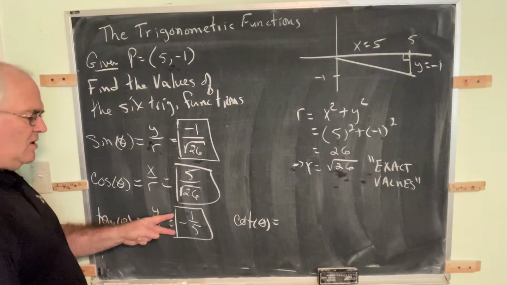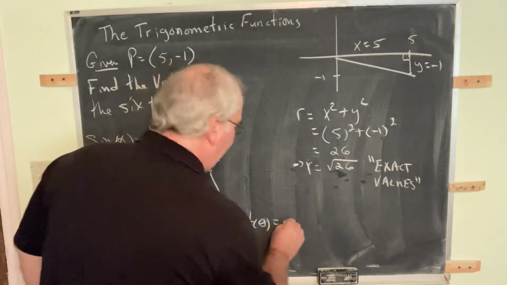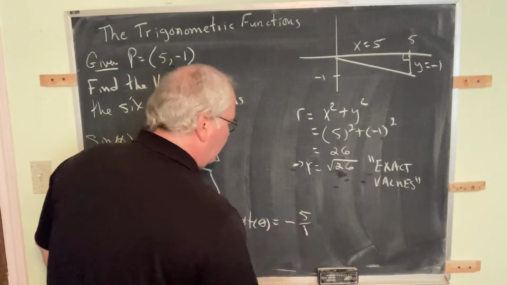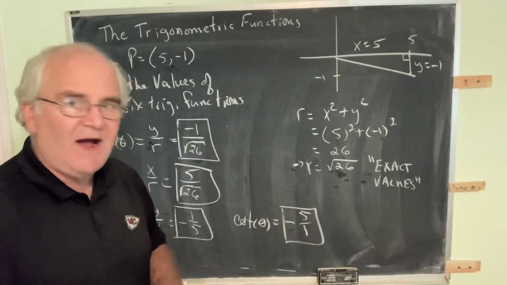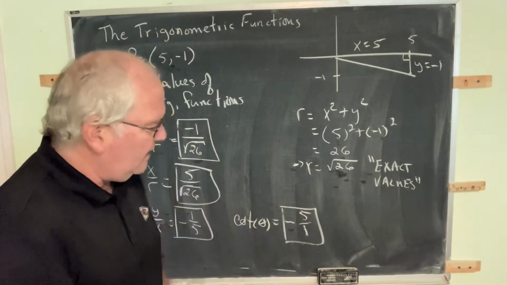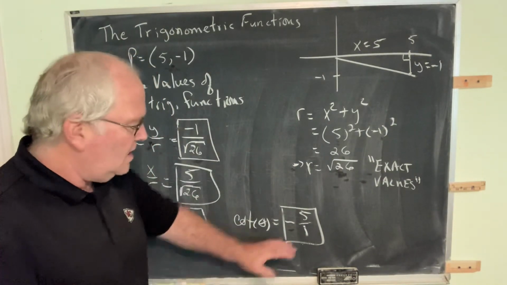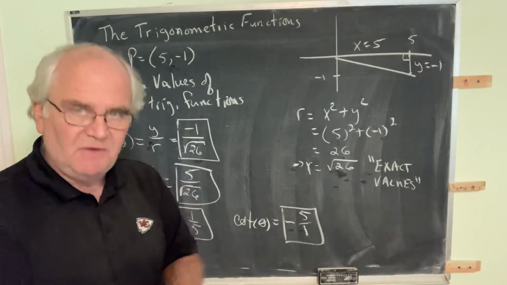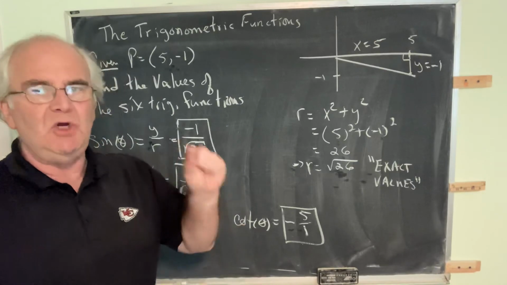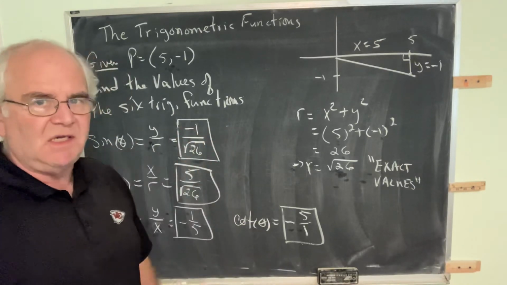The reciprocal is negative 5 over 1. And as far as I'm concerned, you can leave it over 1. If you want to write this as negative 5, that's wonderful. You do not need to simplify your result unless you are explicitly told that you need to.